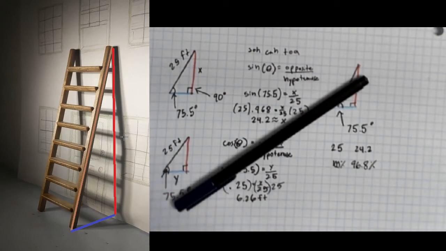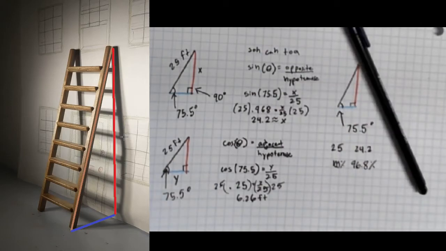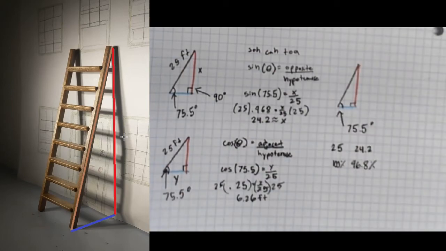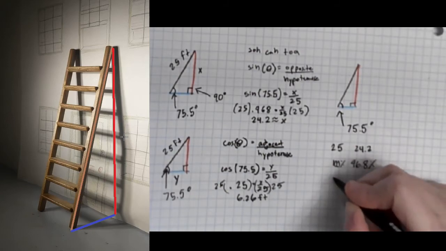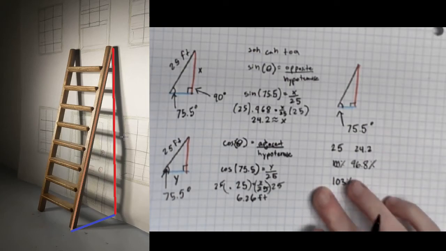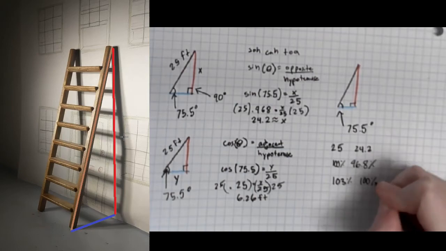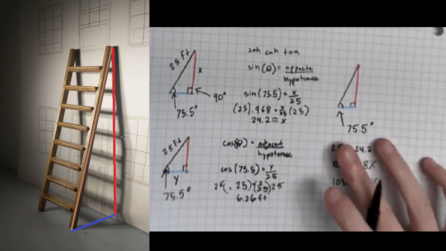So instead of finding a different size house based around the ladder, you're most likely going to be finding a ladder based on the size of your house. So if we do that instead, we're going to find that it's about 103% of the height from the floor to the top of the ladder.